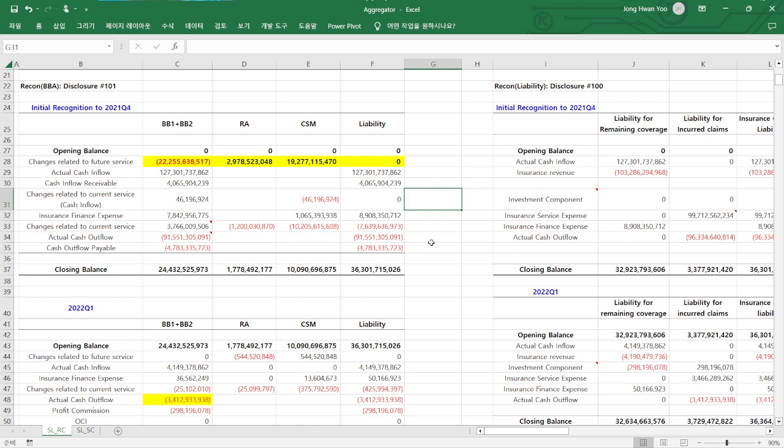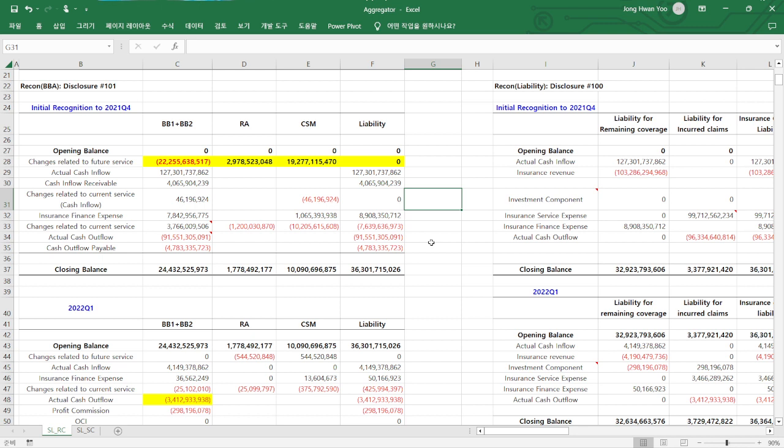Okay, and another issue is that starting from January 1st, 2023, and all the previous business in force, you have to do the transfer by the end of December 31st, 2022, and you have to get ready.